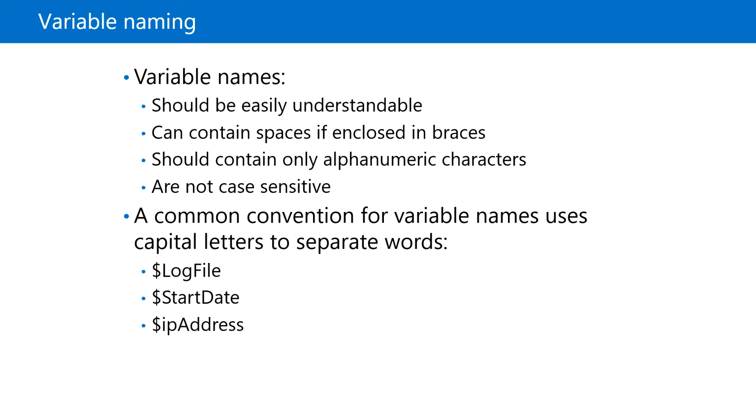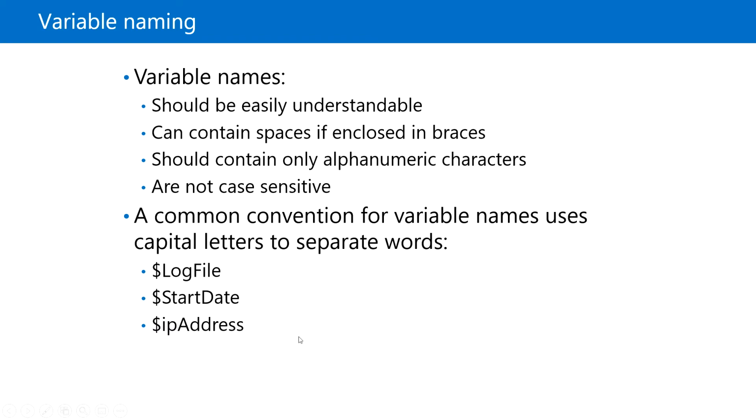A good variable name is one that is easy to understand, because when we create a variable name, we have to give a name that is relevant to the value we are going to store in that variable. For example, if we are going to store the user account, we can use a variable name like $user.